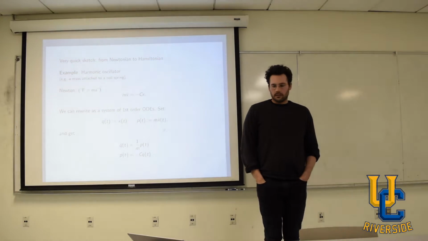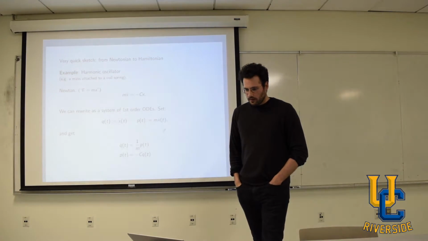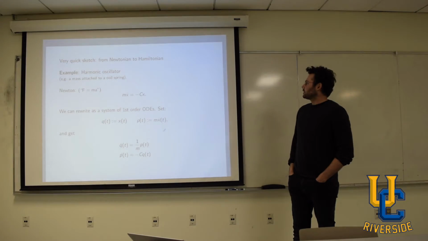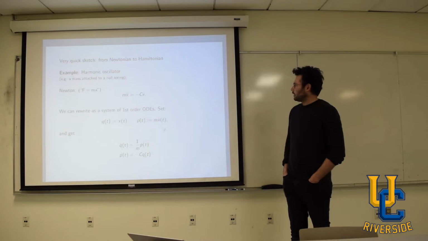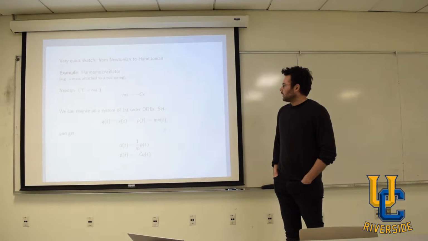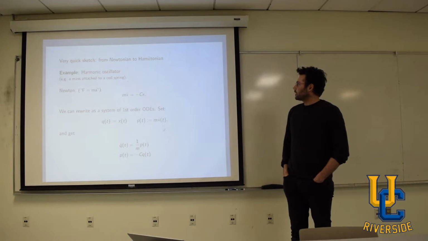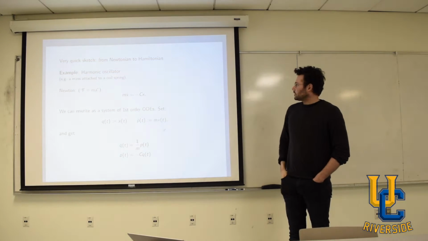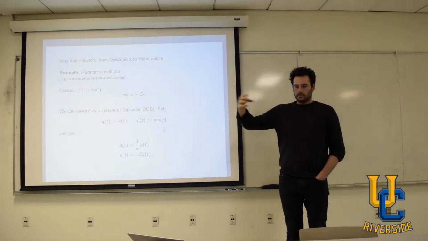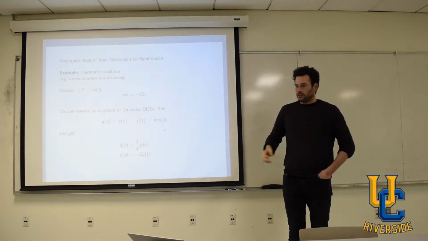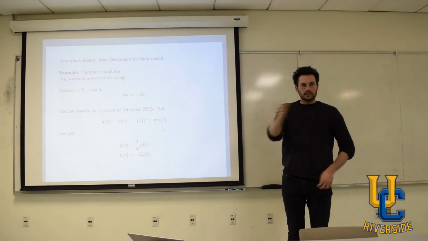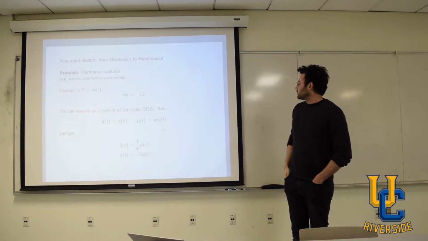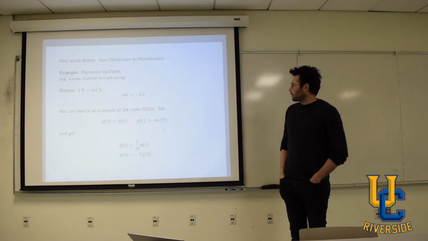So everyone knows the law F equals ma. Let's look at a simple physical system where we have, for example, a mass m attached to a spring, like a coil spring, and if you take x to be the position coordinate and, for example, extend the spring and let it go, in the idealized model it will just swing back and forth, and this motion will be described by this equation.